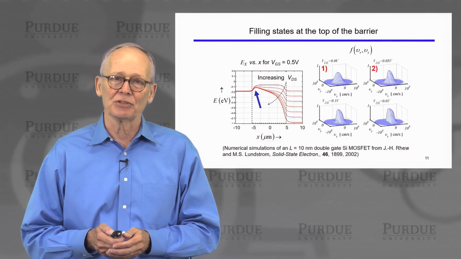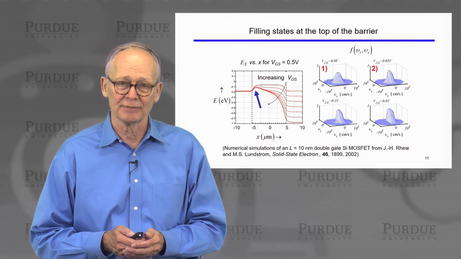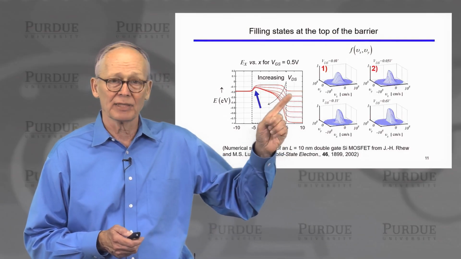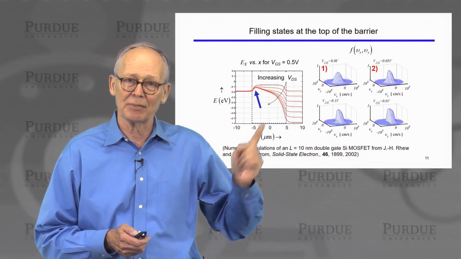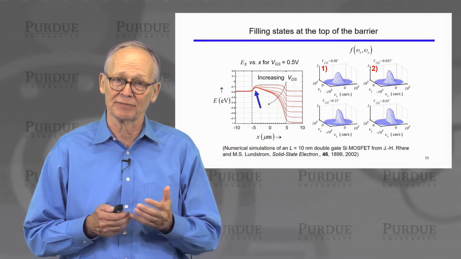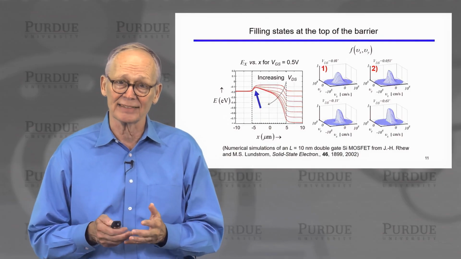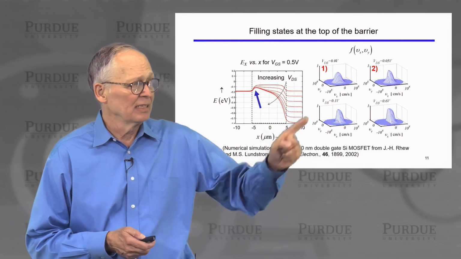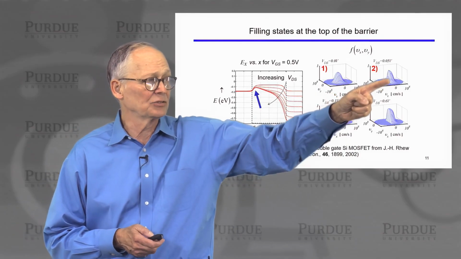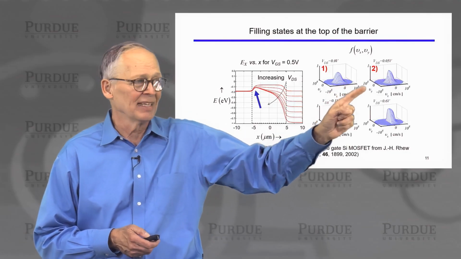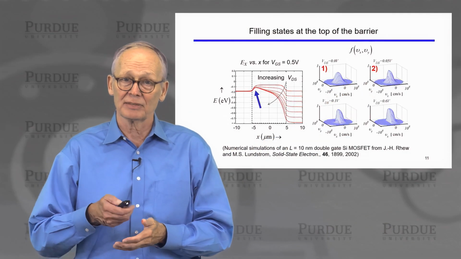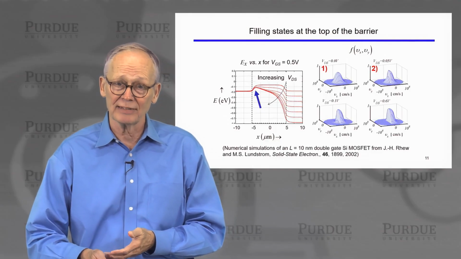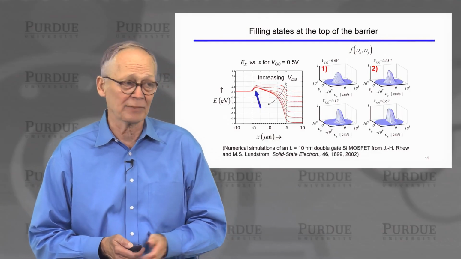Now, increase the drain to source voltage a little bit. That lowers the Fermi level in the drain. That means it's less likely that the states at the top of the barrier can be occupied because the Fermi function for the negative velocity states has been lowered. You'll see that the positive velocity distribution is the same. The negative velocity distribution is smaller because the Fermi level has been lowered in the drain. That's where the negative velocity electrons came from.